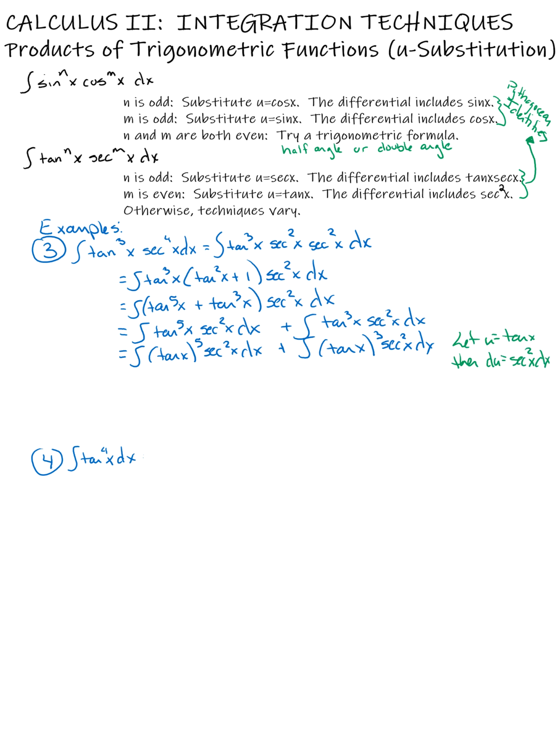Now, if you'll notice, we have the integral of u to the fifth du, and on the second bit we have the integral of u cubed du. Oh, perfect. Well, the integral of u to the fifth du is u to the sixth over 6, or 1/6 u to the sixth. Of course, there is a constant on this.